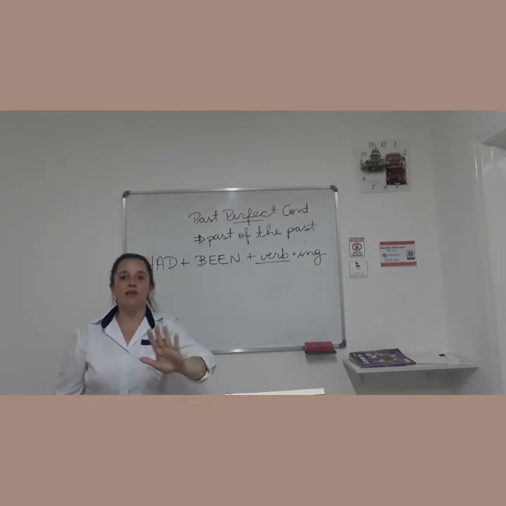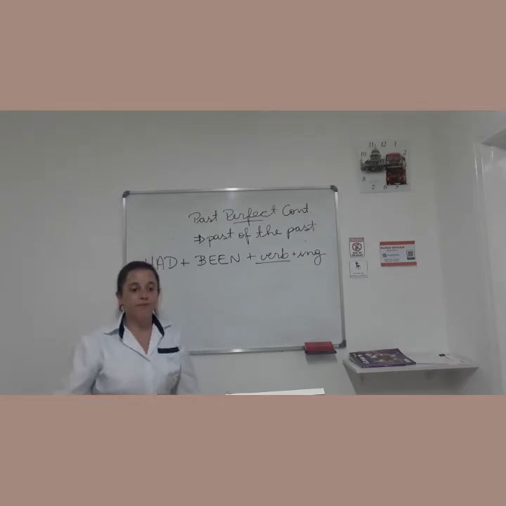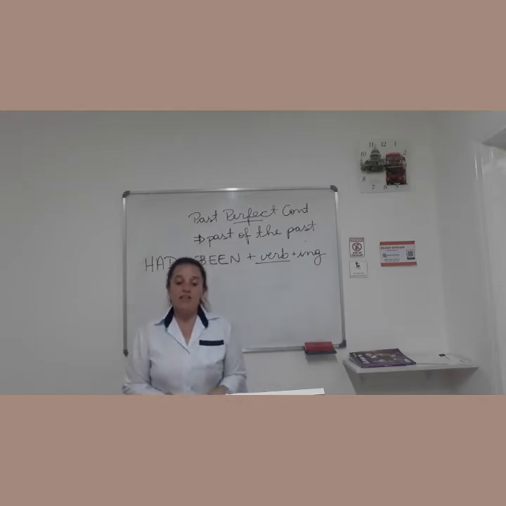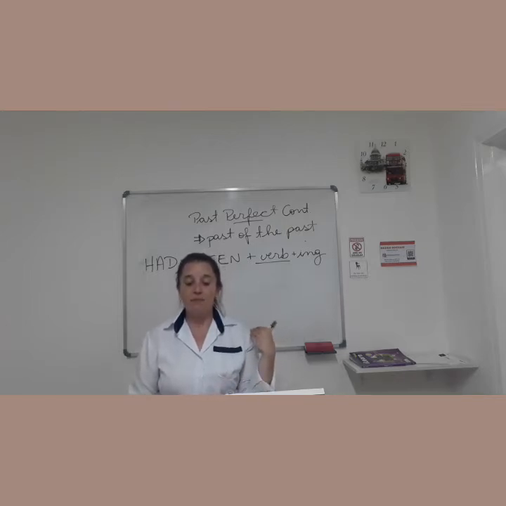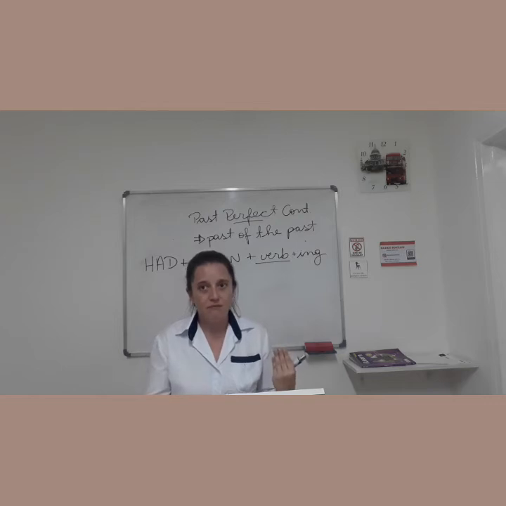We are now going to read the explanation in the book together. Okay? So we can see when to use this construction. Cool? So, we use the past perfect continuous tense to talk about actions or events which started before a particular time in the past and were still in progress up to that time in the past.